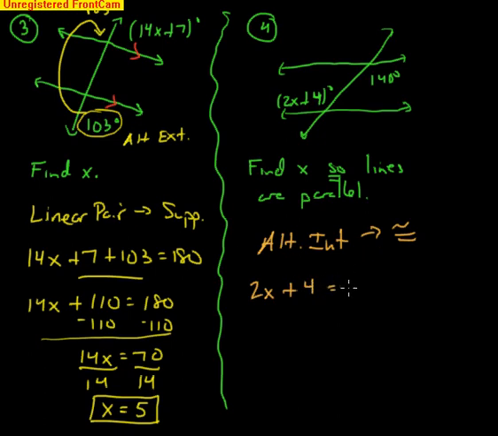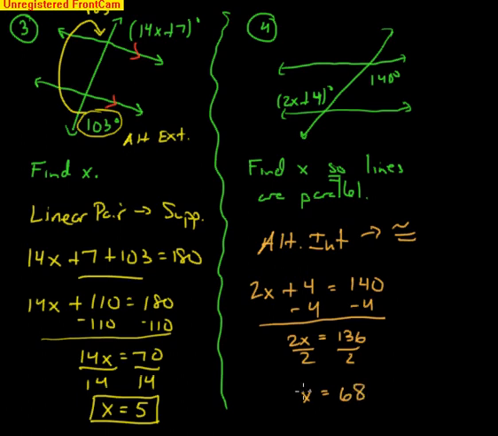So we have 2x plus 4 equals 140, and we solve for x. Subtract 4, 2x equals 136, and divide by 2. X equals 68. And there's your x value. That would make these alternate interior angles congruent, which would make the lines parallel.